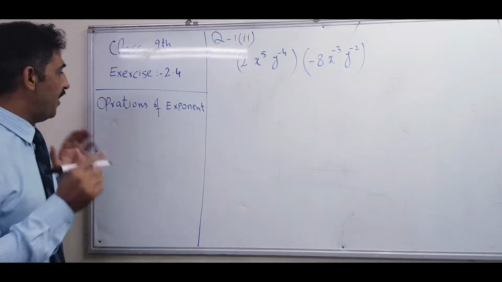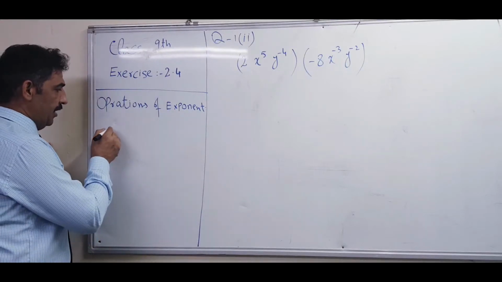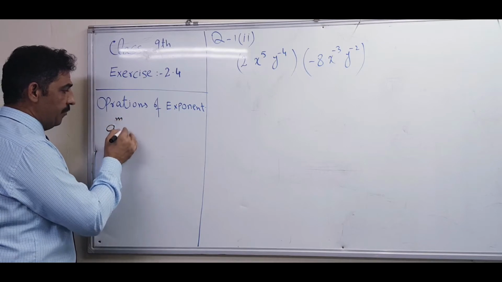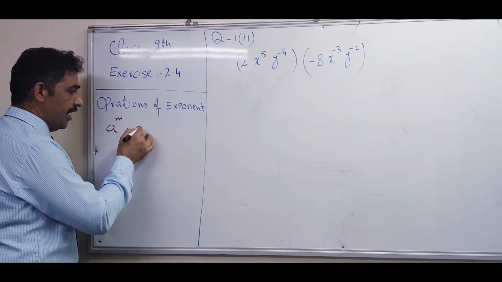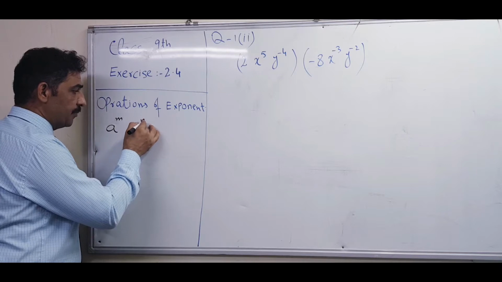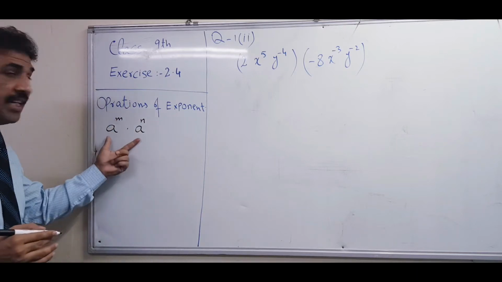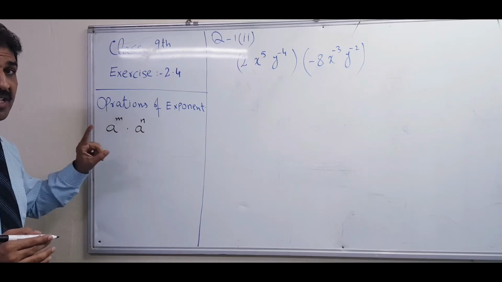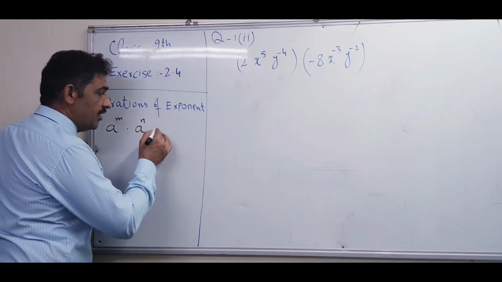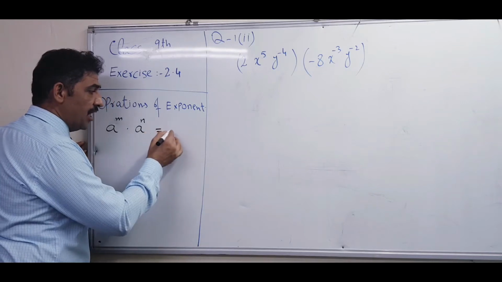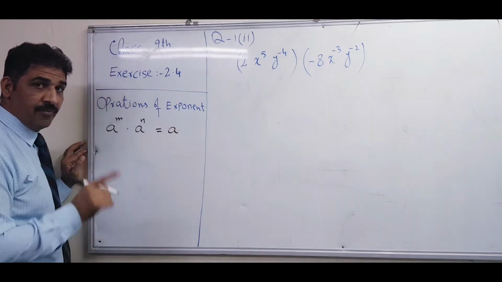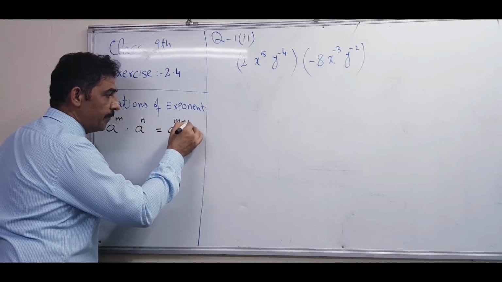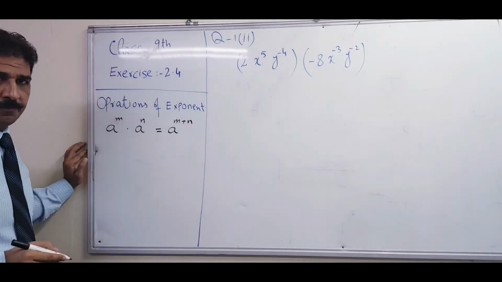First of all, when the variables are the same, like one variable is a with exponent m, and the other variable is also a with exponent n, and the sign of multiplication is between them, you have to write the variable a single time and add its exponents. That is the first change.